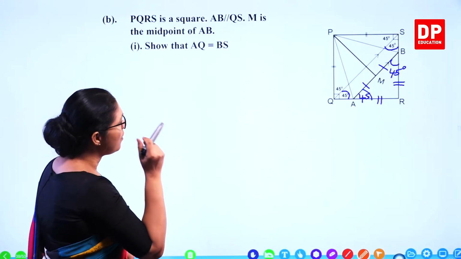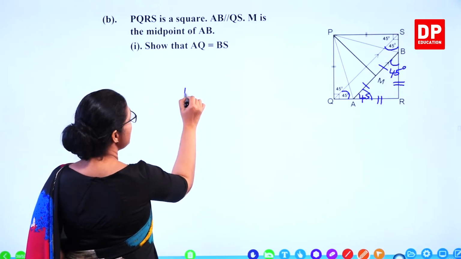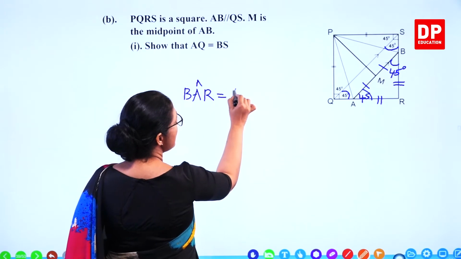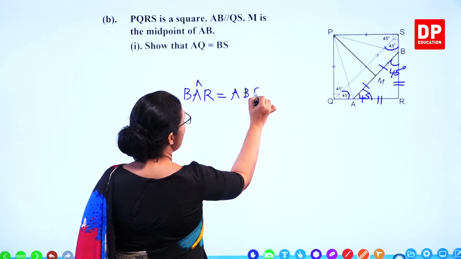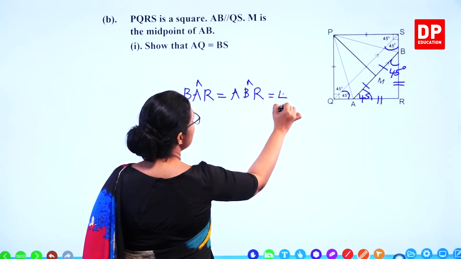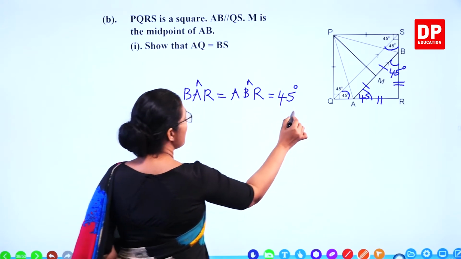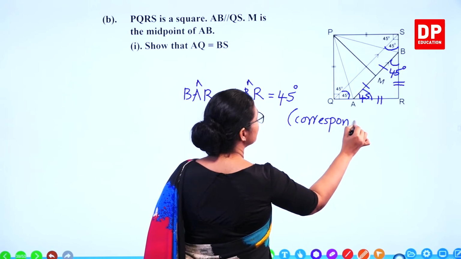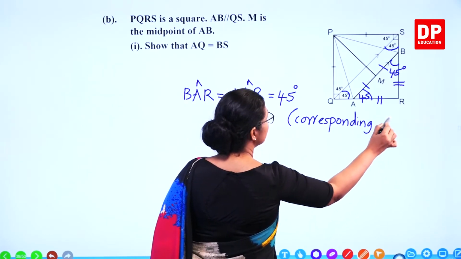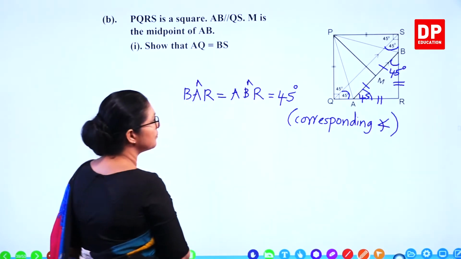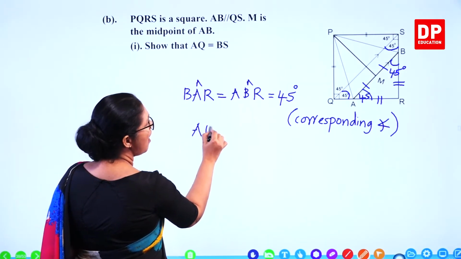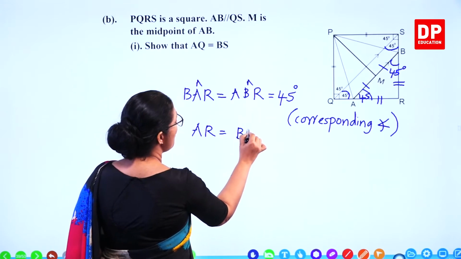So we'll write down BAR angle is the same as ABR angle, that's 45 degrees. We can write because of corresponding angles. So because of that, we can say AR is equal to BR.